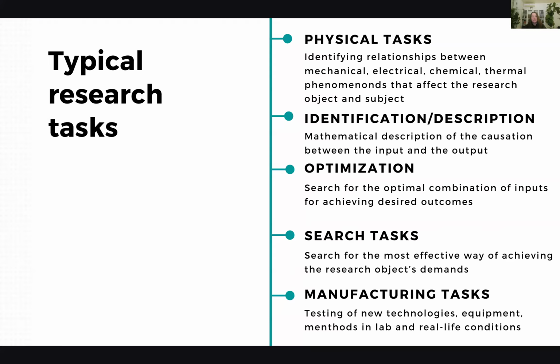So the next are search tasks. Those are ways to look for the most effective way of achieving the research object's demands. So, for example, you have a problem and there are lots of ways to solve it.